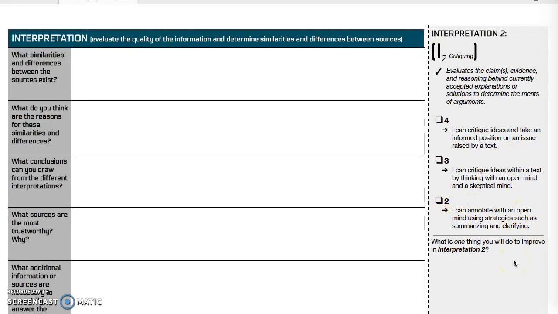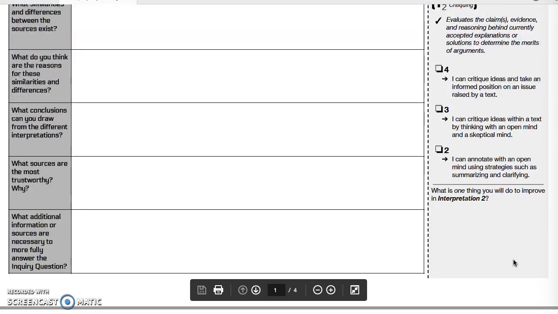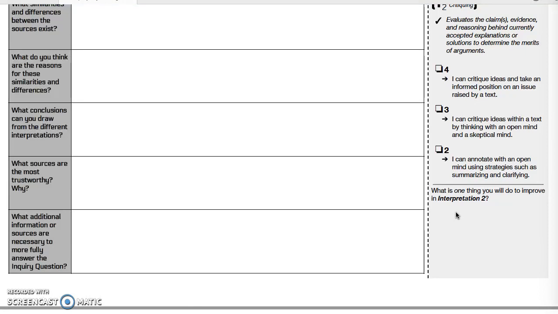And then you would have to write one thing that you will do to improve in interpretation 2.